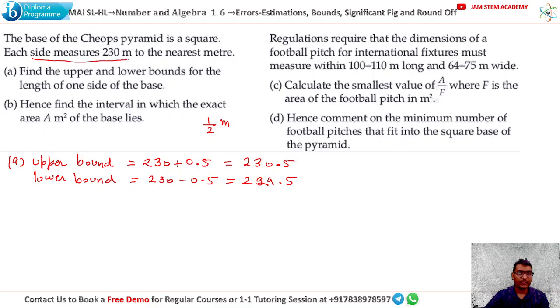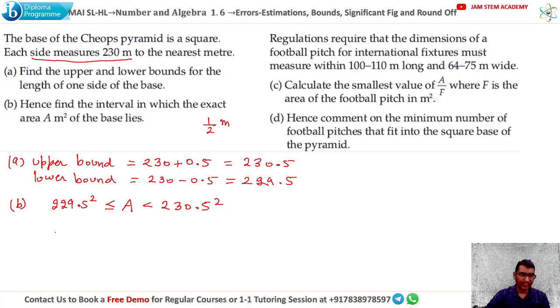So in order to find the area of the square, it will be side squared. Okay, so for the B part, the exact area will lie between 229.5 squared to 230.5 squared. Okay, so these are the values in meter squared, obviously.